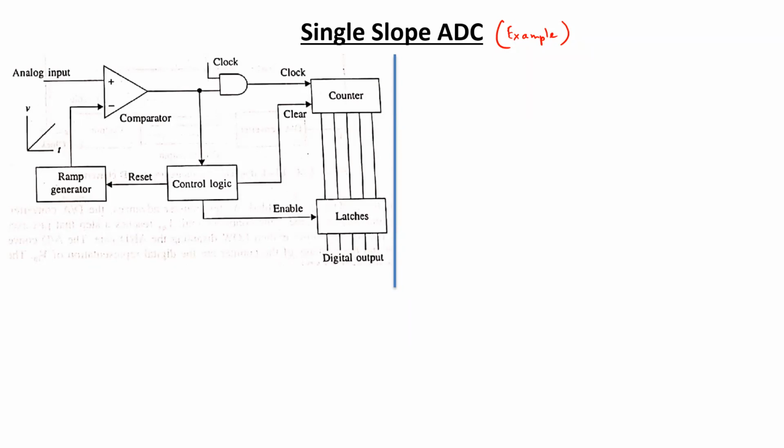Now, for this particular example, you know that the ramp generator is basically an integrated circuit. It is supposed to be associated with a resistor and a capacitor. So for this particular problem, let's say the value of the resistor is 100 ohms and the value of the capacitor is 17 nanofarad.